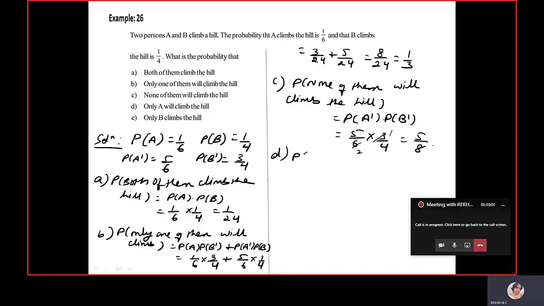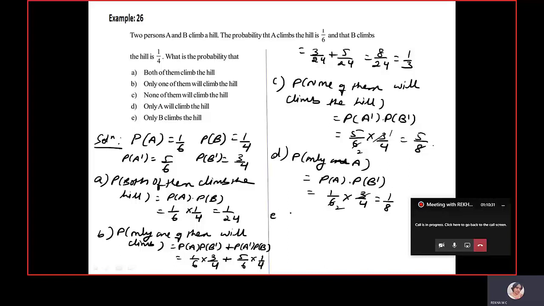Sub-question D, only A will climb. So that is equal to P of A into P of B complement, that is 1/6 into 3/4, that is equal to 1/8.